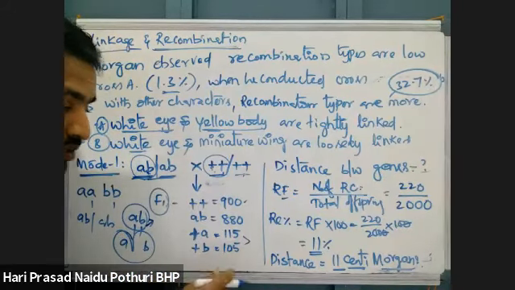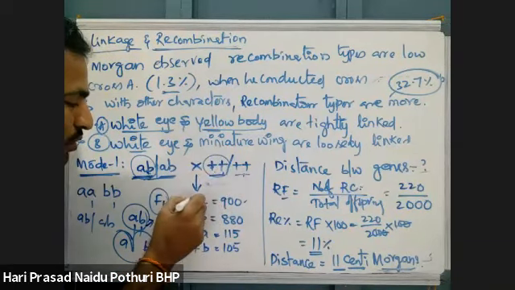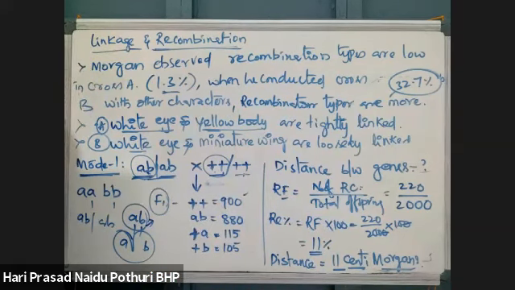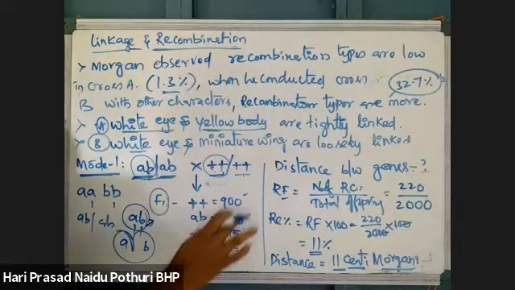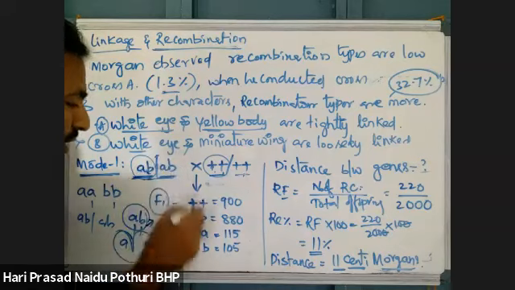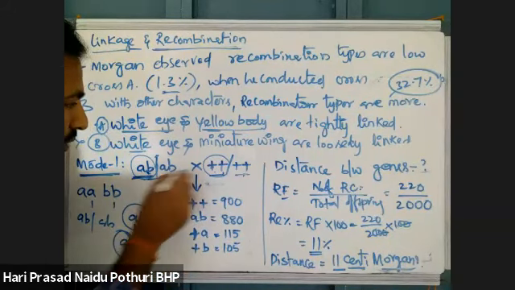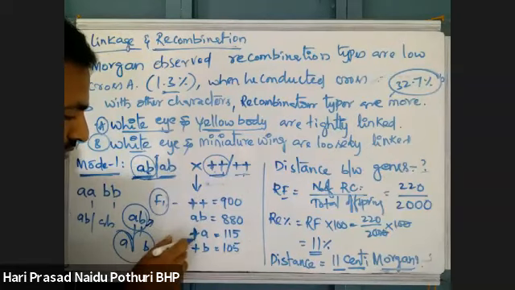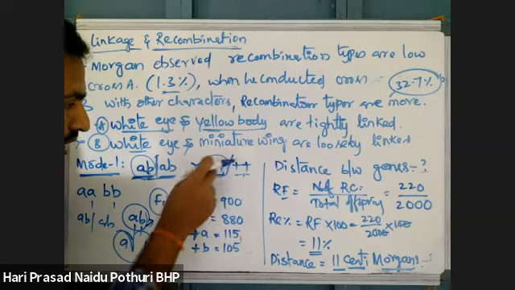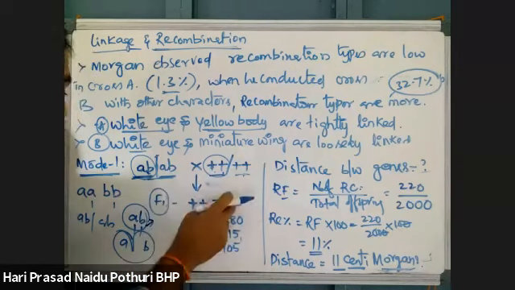The wild variety has around 900. Then this parental combination was found around 880. One gene from this, 115, which has a plus A. And one gamete B here, 105. This is the total progeny.